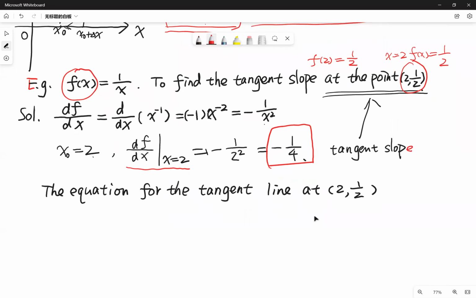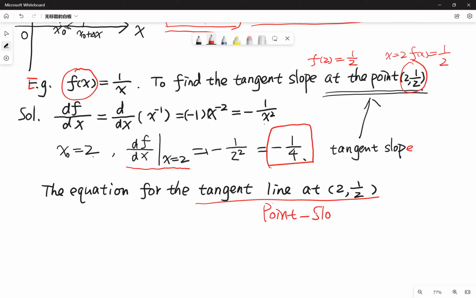And here we will use the point-slope equation.